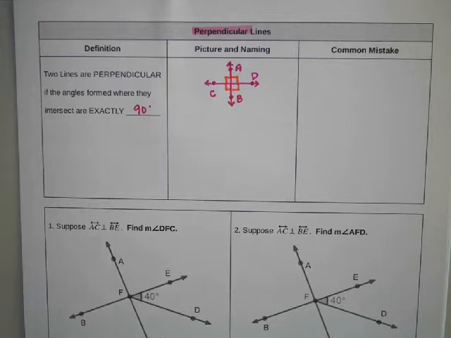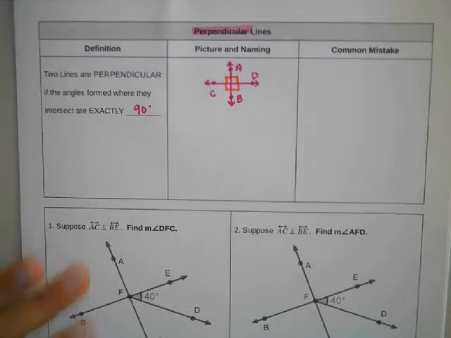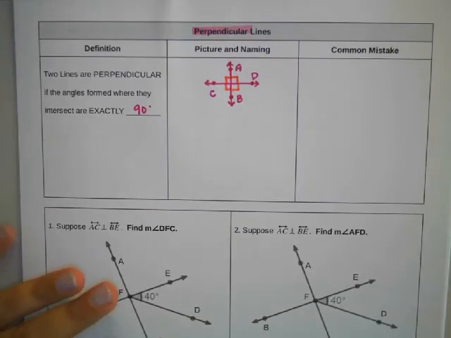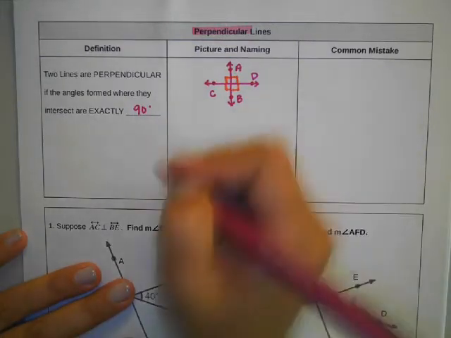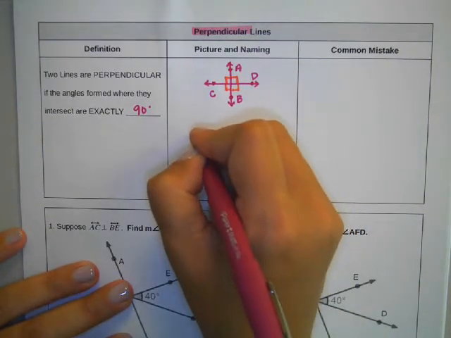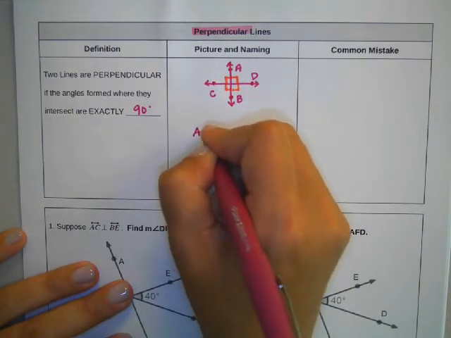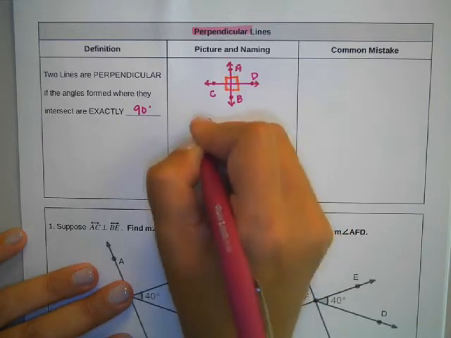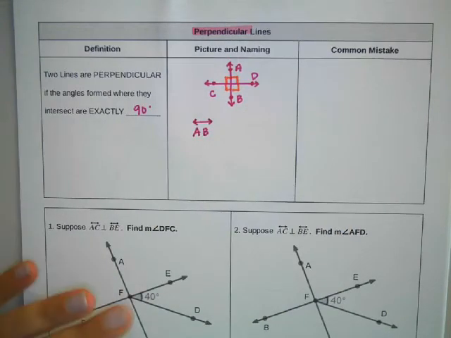Now, how do we describe that lines are perpendicular? Well, in order to describe that lines are perpendicular, we use a symbol. It looks kind of like a little mini perpendicular line. So here's how we do that. You're going to name the first line, which is AB, and I'm going to draw my little line symbol on the top. You could also have called that BA.